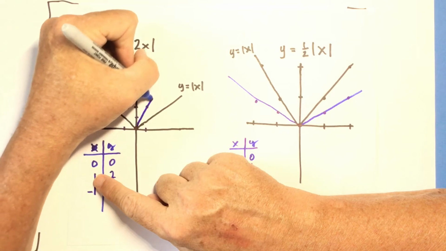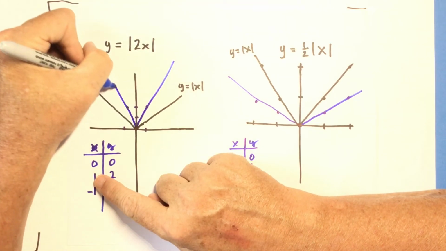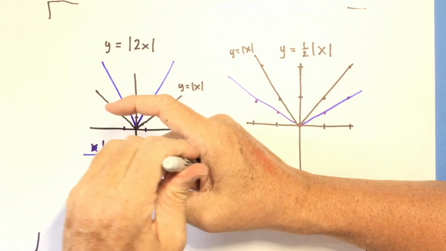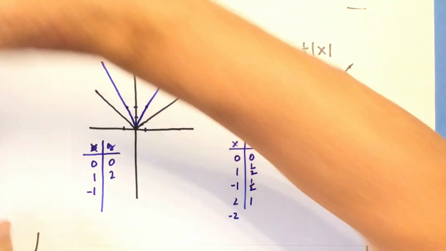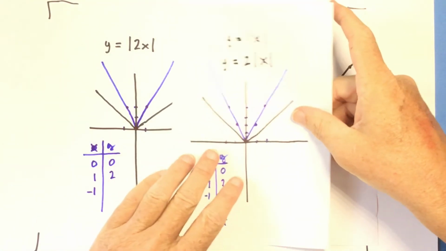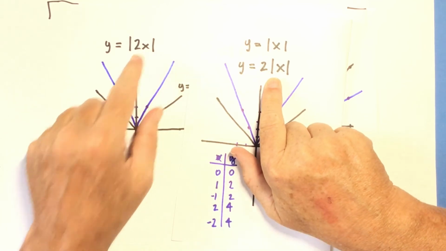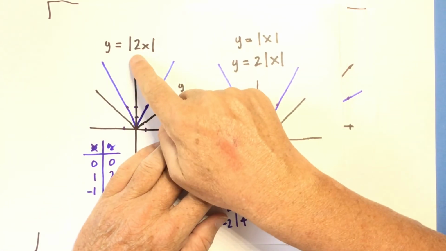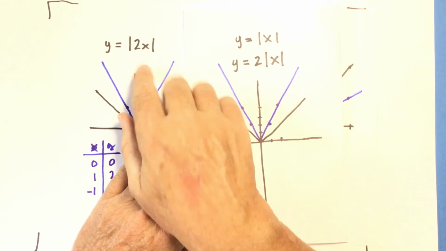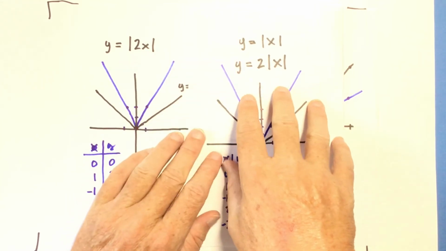In fact, I don't think we need to beat a dead horse here too much. Does not this graph look just like that graph? Yes, it does. So whether I put a multiplier outside or inside the graph for this example makes no difference.